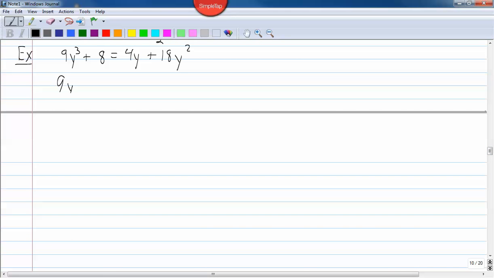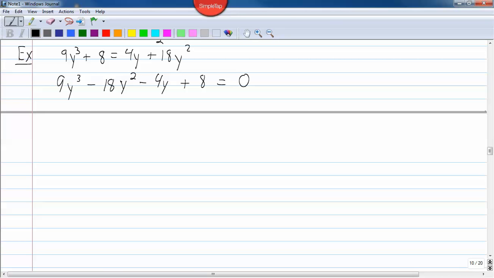So I have 9y cubed, and move these two over. That's going to be minus 18y squared minus 4y. So they were both positive on the right side, they're both negative on the left side of the equation. Plus 8 equals 0.